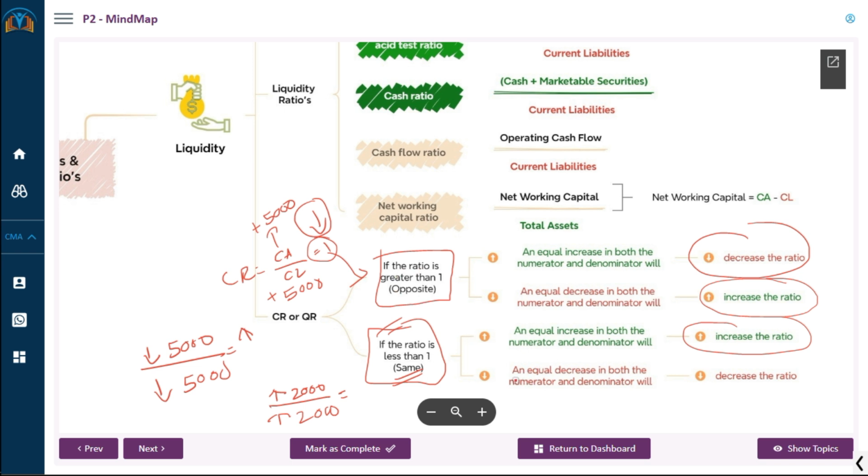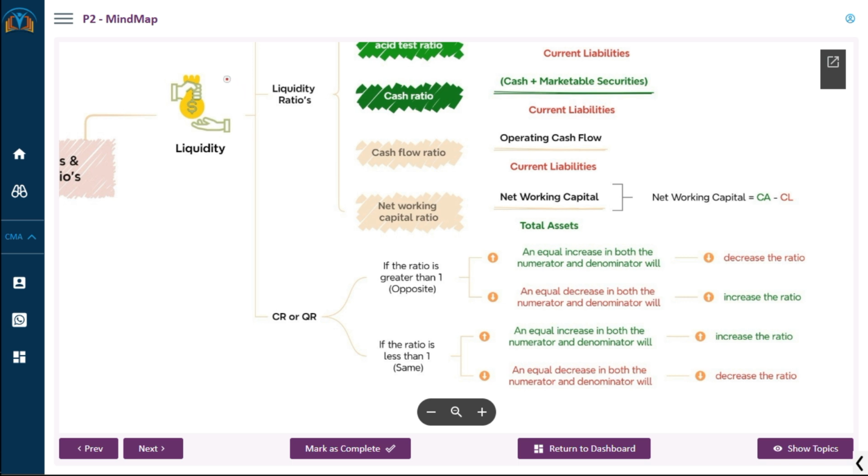So if there is a decrease of 3000 in the numerator and denominator, the ratio is going to decrease. The equal decrease in both the numerator and the denominator will decrease the ratio. So let us now understand the liquidity ratio with the help of an example.